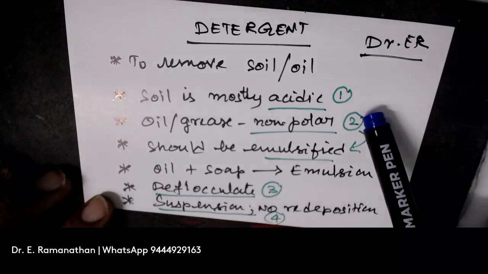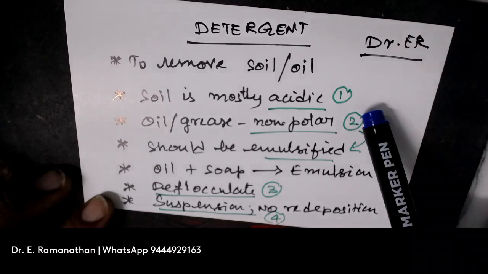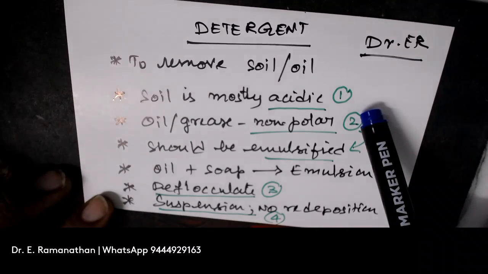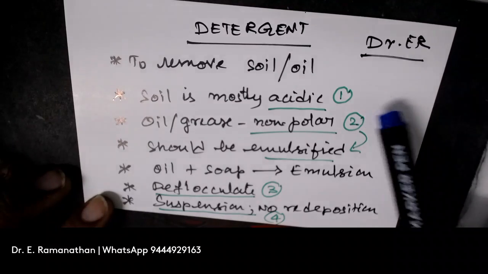Then it contains essentially some oil. If we say dirt, dirt is nothing but a mixture of oil, grease, soil, carbon dust, etc. So this oil or grease is non-polar.